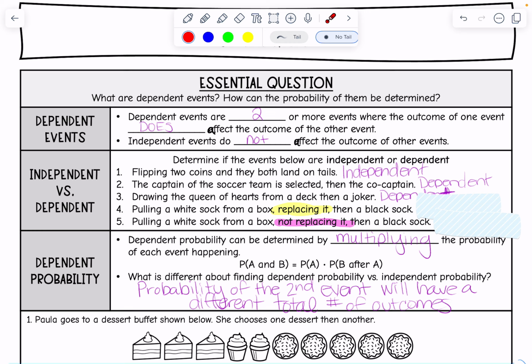And so that does not change the probability, so these would be independent events. And then pulling a white sock from a box, not replacing it, then a black sock, since I'm not replacing it, I'm now again changing the number of possible outcomes that are left, and so that would be dependent.